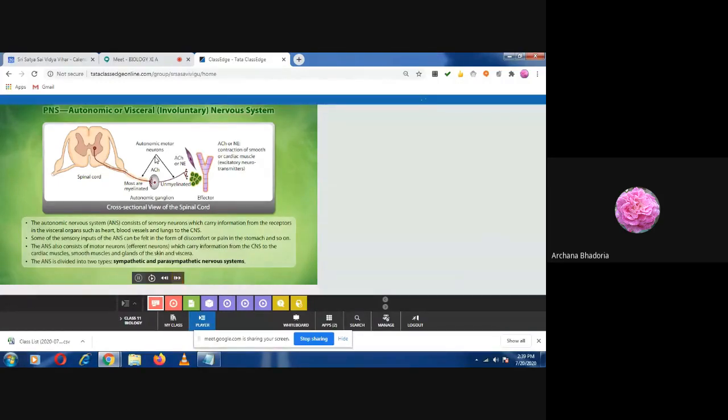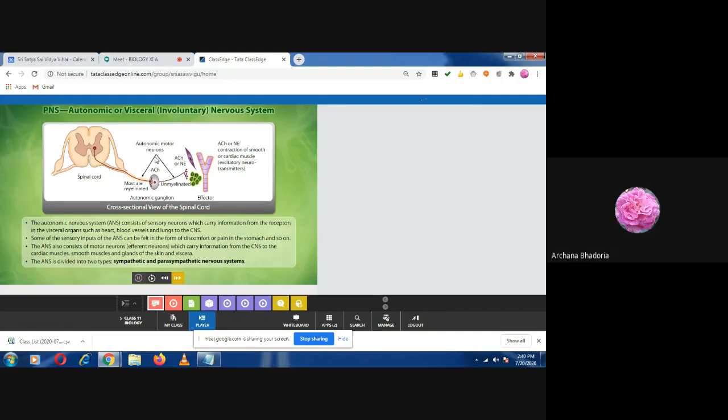Sensory nerves will take the information from the organs' receptors to the CNS. And from the CNS, the signal about what work has to be done, those instructions should also reach the muscles. So that instruction will be brought from the CNS by the motor neurons. Is it very clear? Yes or no? Yes, ma'am. Okay.